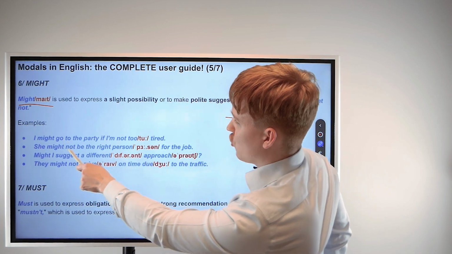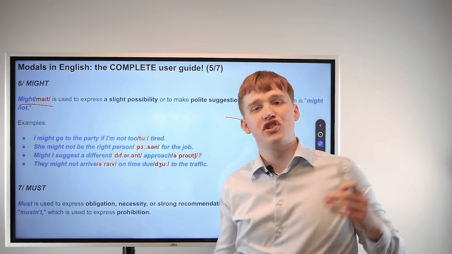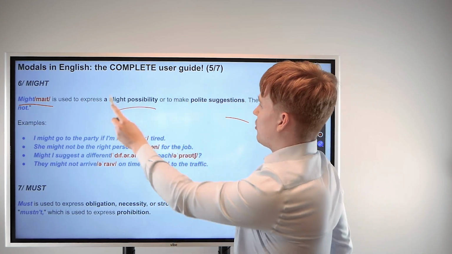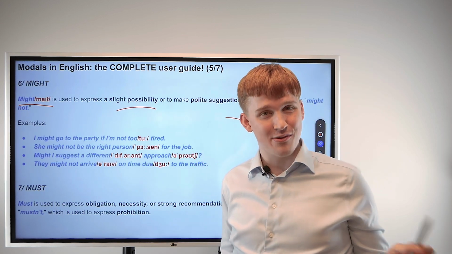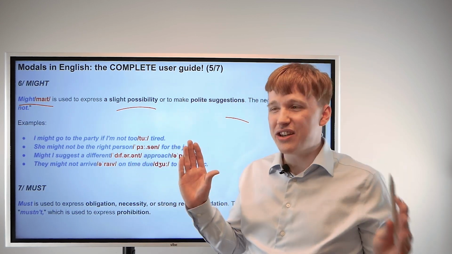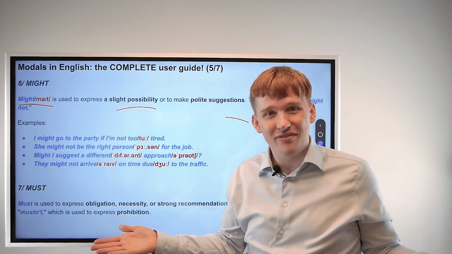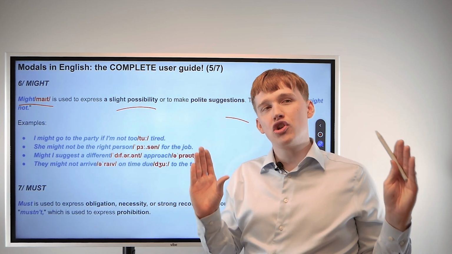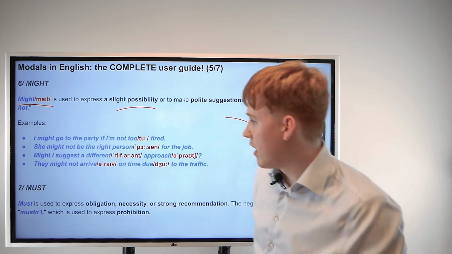She might not be the right person for the job. There's a slight possibility, and maybe she isn't the right person for that job, because we don't fully know yet. Maybe we need to see some other candidates for the job, but we don't at this point think that she's the right person for the job.